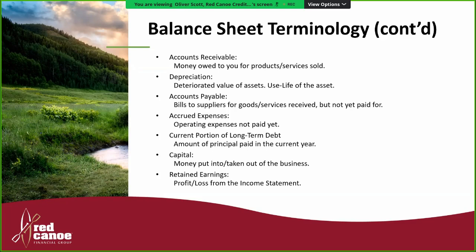Any other questions about what goes on the liability side? Okay. Then equity, you have capital. This is money that you've put into or taken out of the business. This is your investment or your draws. If you take money out and pay yourself to distribute equity to yourself, then that comes out of here. All right.